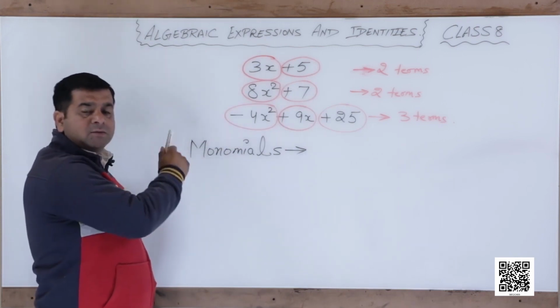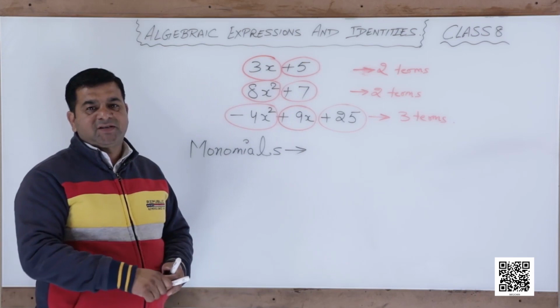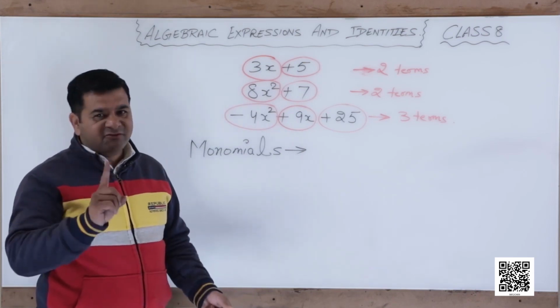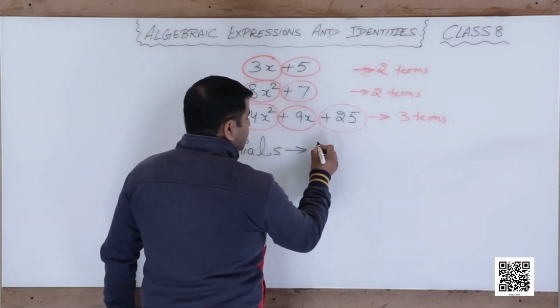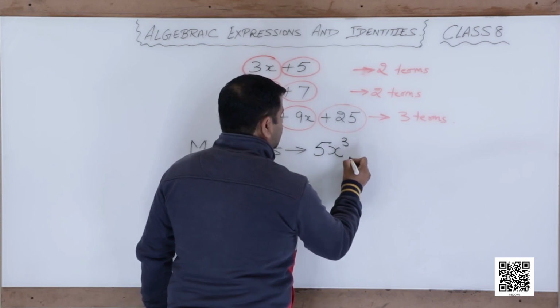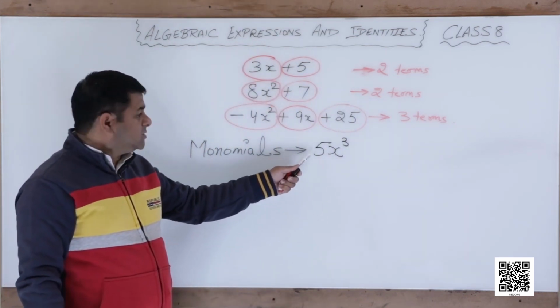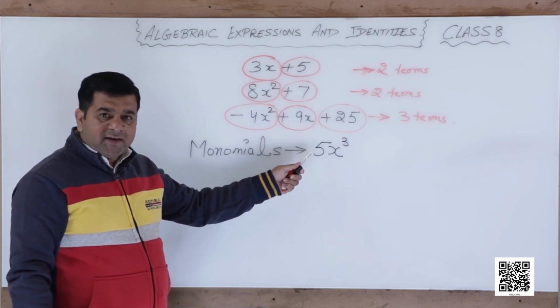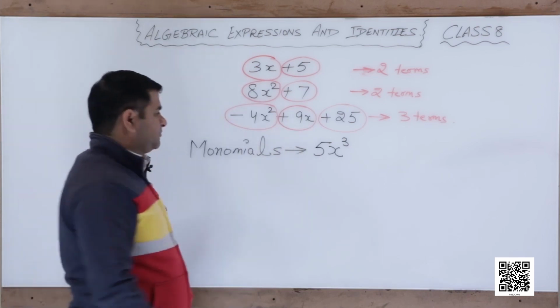Now what are monomials? Those algebraic expressions which have only one term. Say we have one term 5x cube. So there is only one term in this algebraic expression, so this algebraic expression will be known as a monomial.